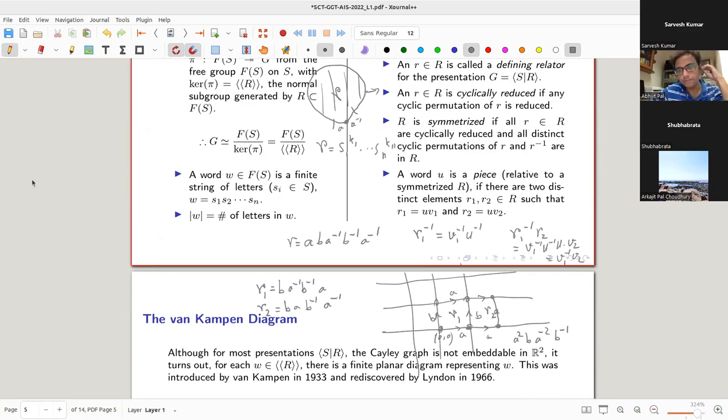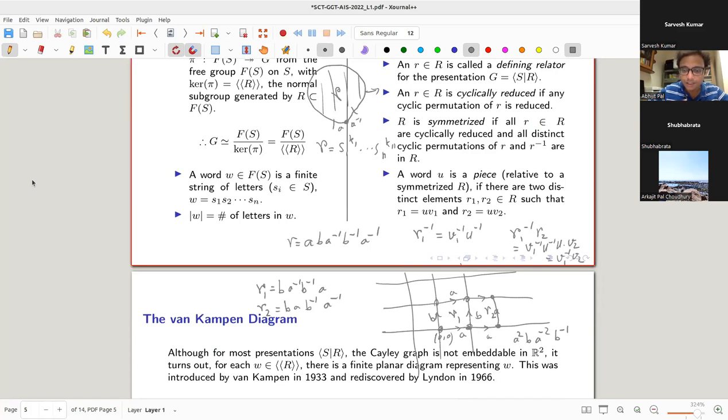So how can I write it this way, keeping the U in the beginning, if I don't have the other options? When you have defined the pieces, you have taken R1, R2 in R, right? Now R is not a single relator. It is the collection of all cyclic permutations.